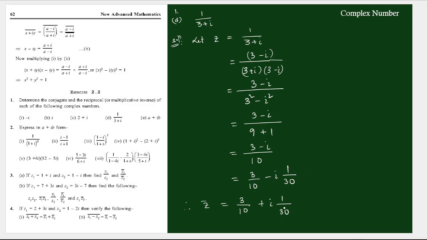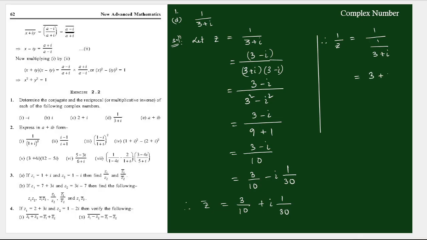Now we need to find the 1 by z. So therefore 1 by z will be 1 by 3 plus i. So now this 3 plus i will go upward, right?